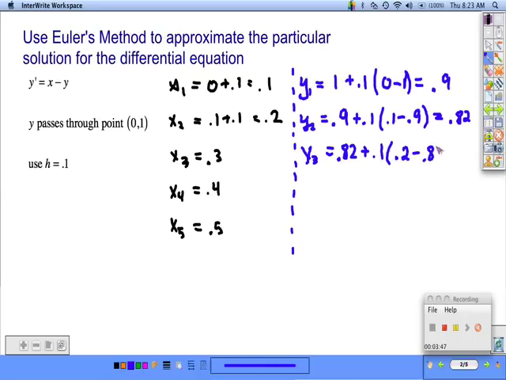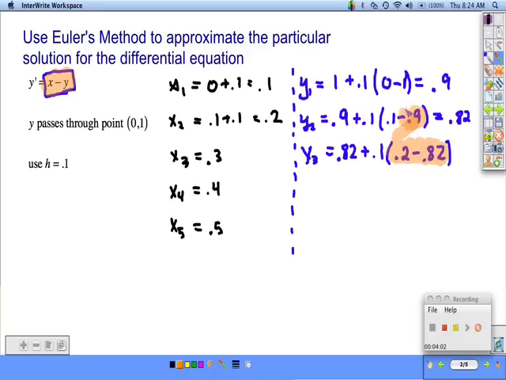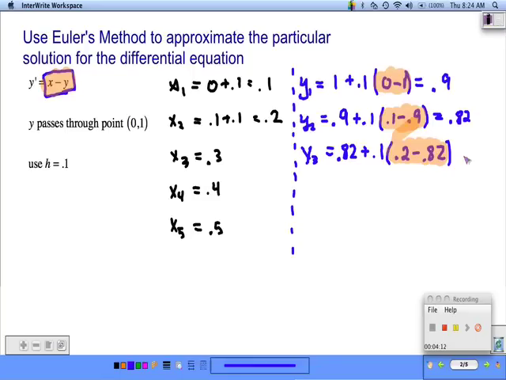And the stuff in parentheses here is completely dependent on what this rule is for our derivative. That's what's going into each one of these parentheses. And we're using the previous point in that function. And this one's equal to 0.758.